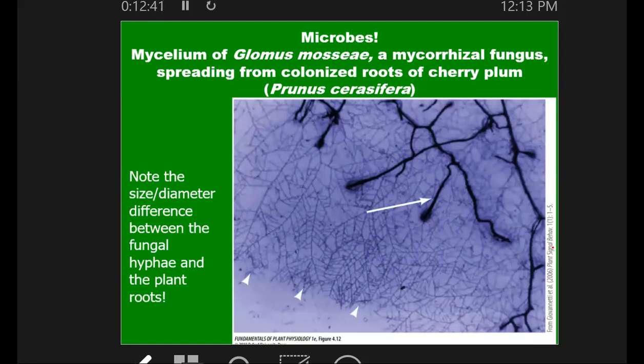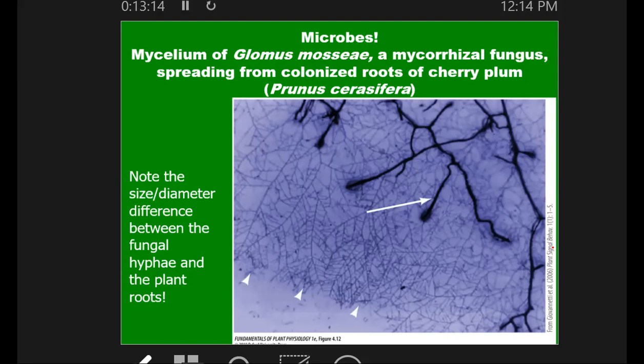And I made a little note there, note the difference between the diameter. So if you're a plant and you form this relationship with this fungus, one huge benefit that you get is that the fungal hyphae is so much smaller in diameter. That's the fungal hyphae, that's not your root system. So you feed the fungi, but then they produce all these wonderful petite hyphae that are much smaller than any root that the plant can make.